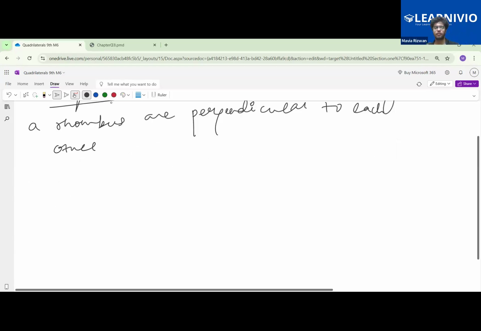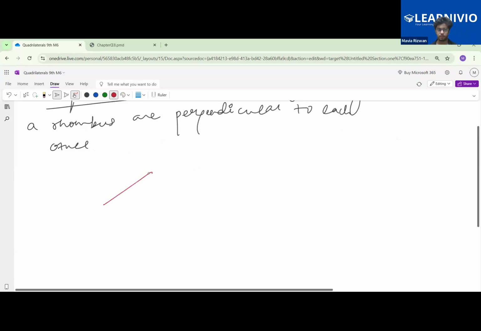We'll make a figure first of all of a rhombus. Okay. Now I'm gonna name this as ABCD.